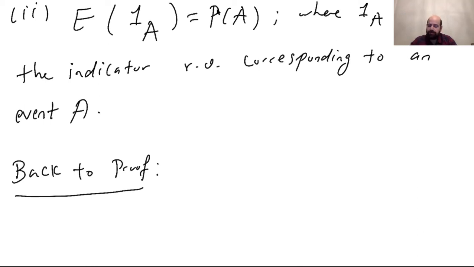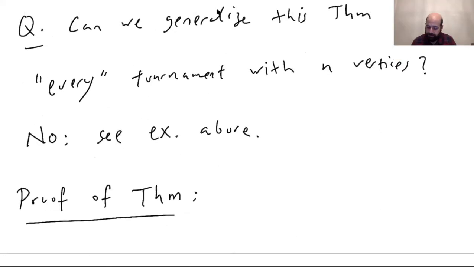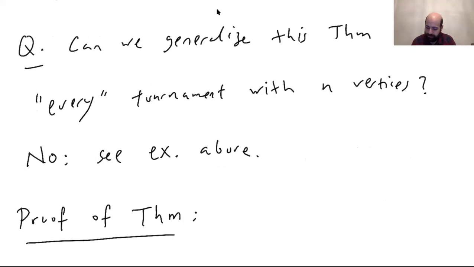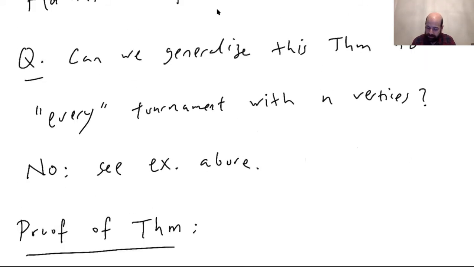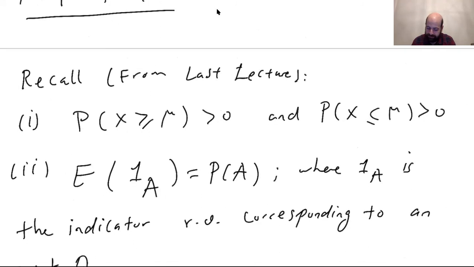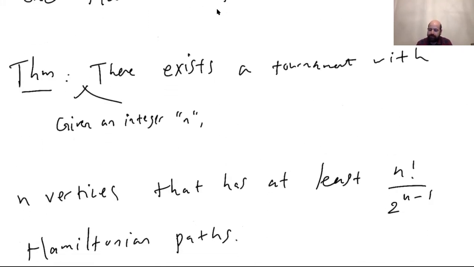So here, we want to show that there exists at least one tournament with n vertices that has this many Hamiltonian paths.